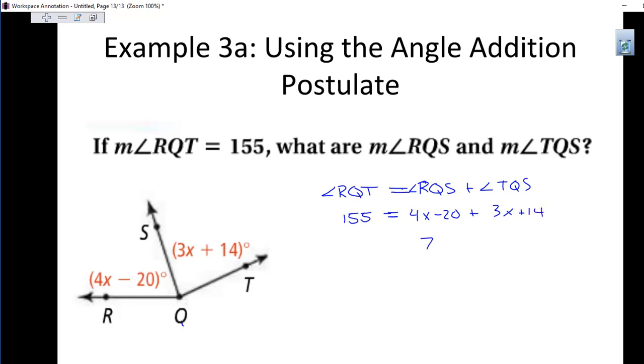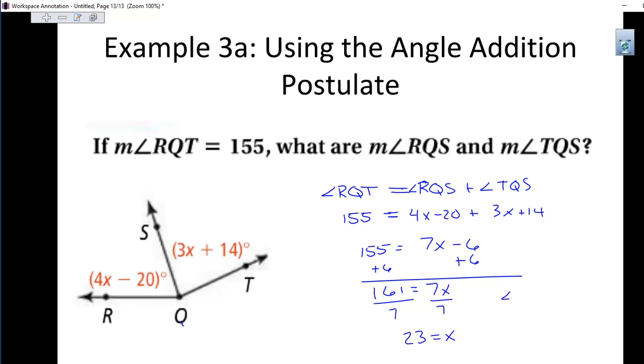Combine like terms, so 7x in the x's, and with negative 20 and a positive 14 is a negative 6. We're going to add the 6. That gives us 161. And after we divide by 7, that's going to give us 23. So then we have to make sure we answer the question. It says find the measure of RQS.